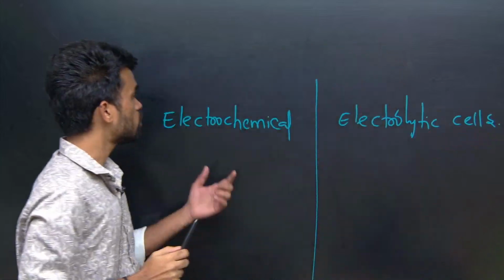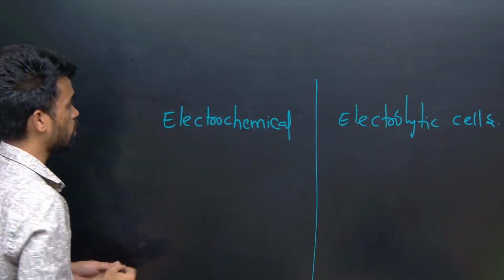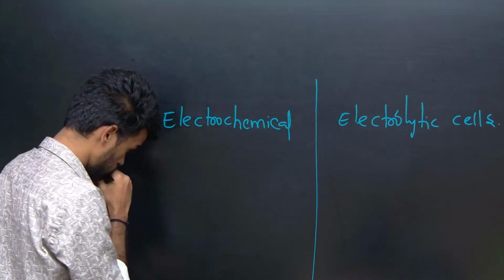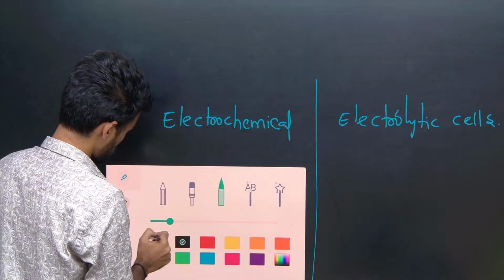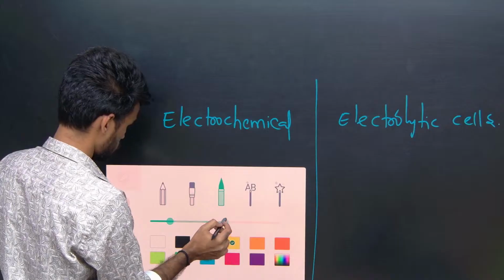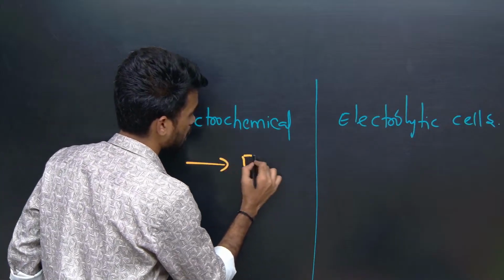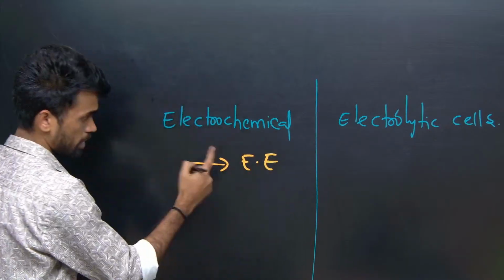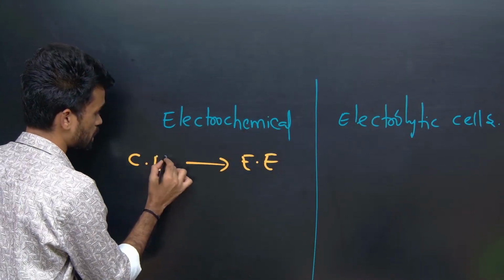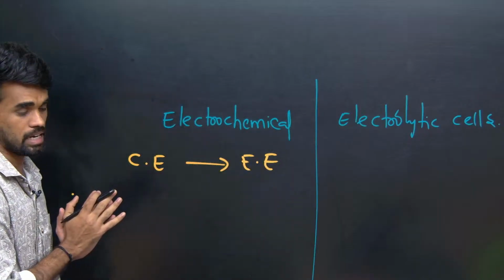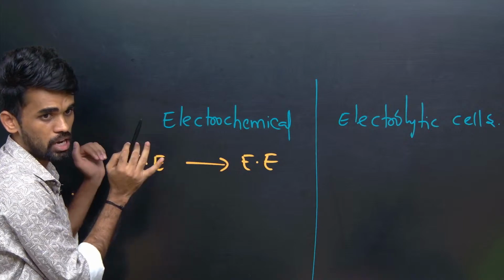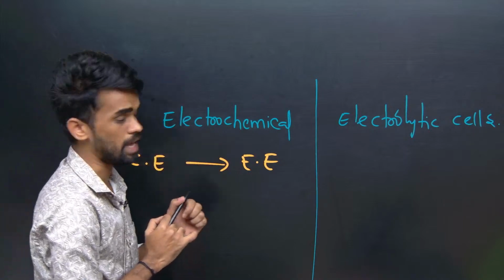What we have seen in electrochemical cells is that electrical energy is produced from a spontaneous chemical reaction. It means chemical energy is converted into electrical energy, which is possible by a spontaneous chemical reaction. That is what we have seen in electrochemical cells.